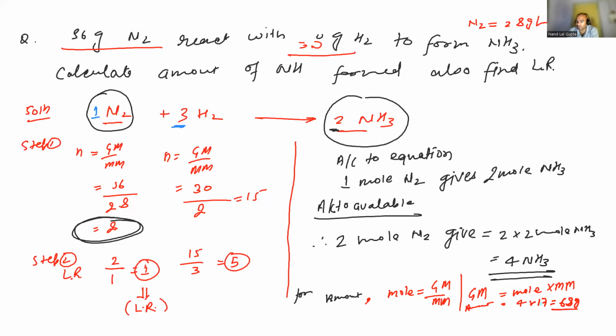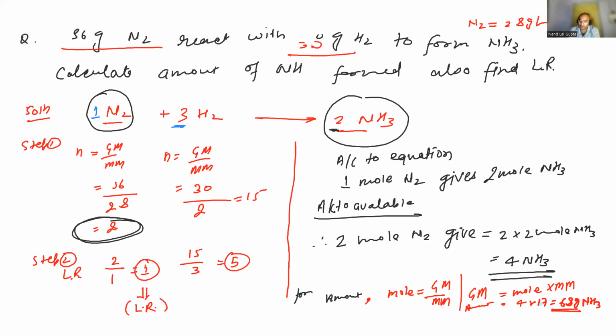This much gram of NH3 will be produced. 68 gram. Is it okay? Can you understand this one? Okay. Can I erase this?